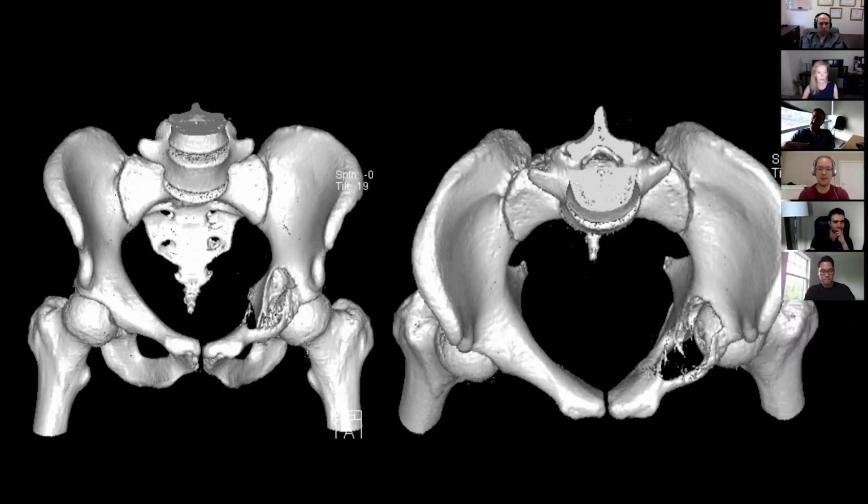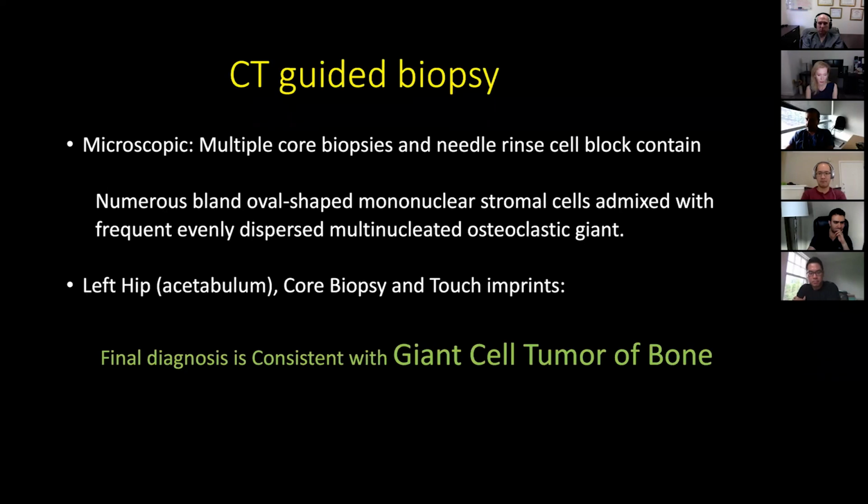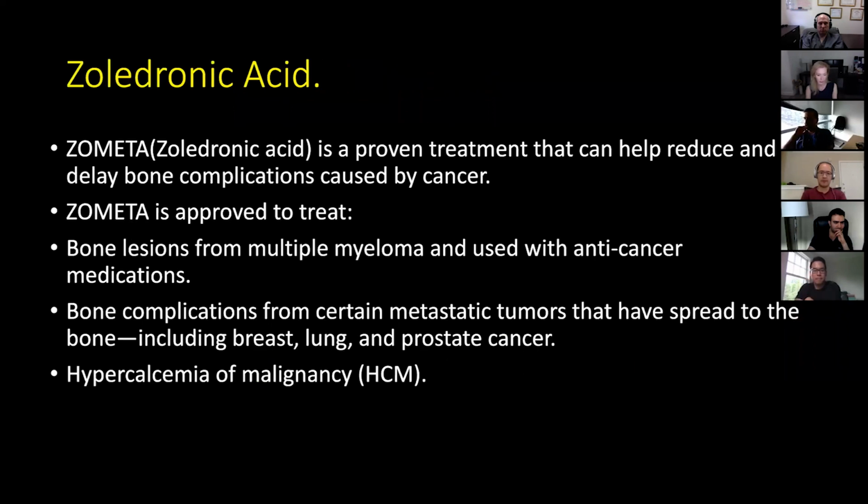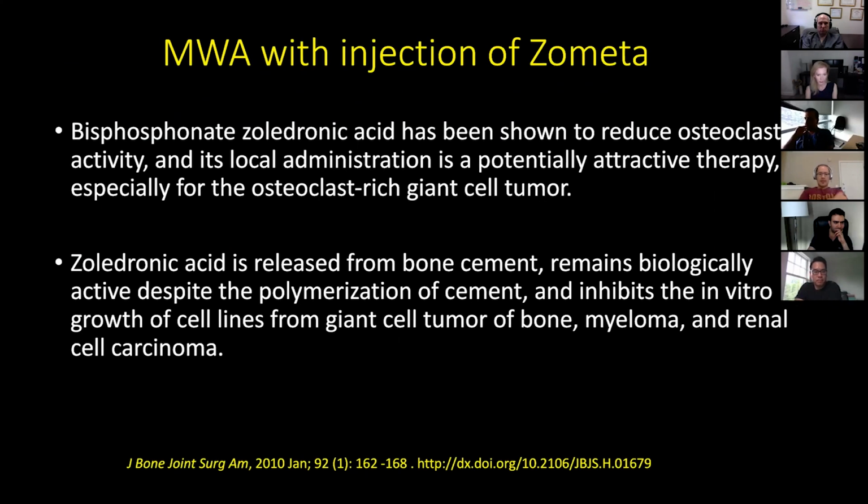So that's why I'm interested in whether the group has any expertise in this, to know what they would have done in this case. I biopsied it and it turned out to be a giant cell tumor of the bone. I did a literature search, and there were two papers, probably from South Korea, saying that zoledronic acid, which is a bisphosphonate, remains active in bone cement and elutes out of it for about 15 to 20 days.